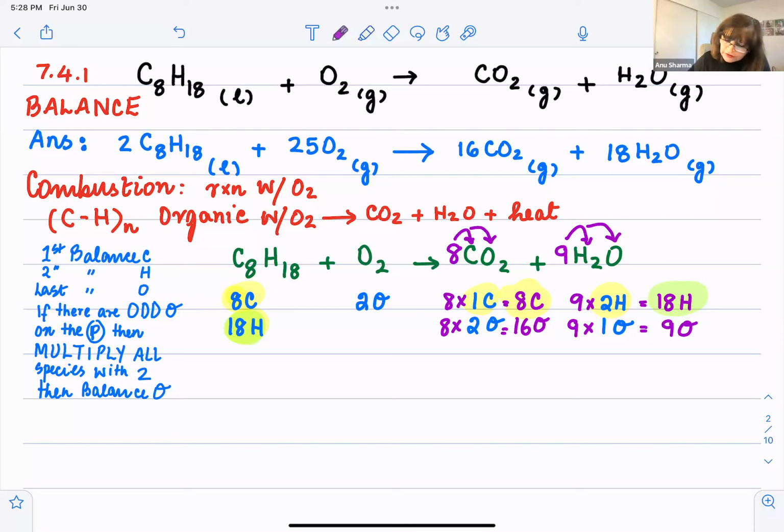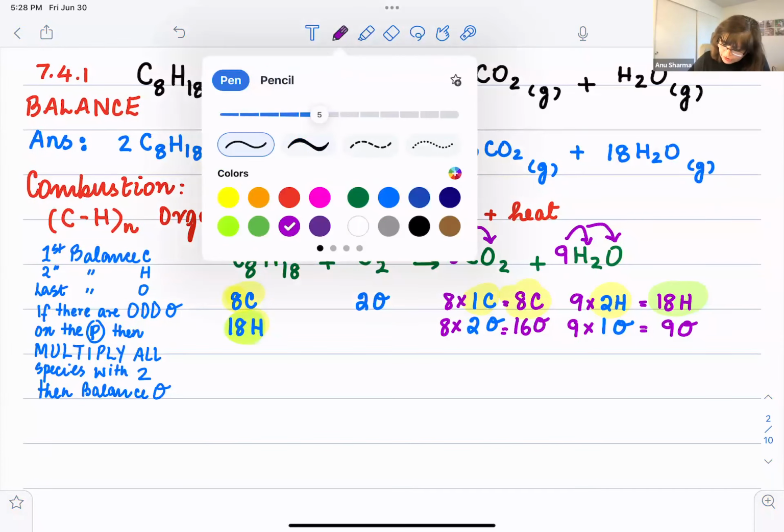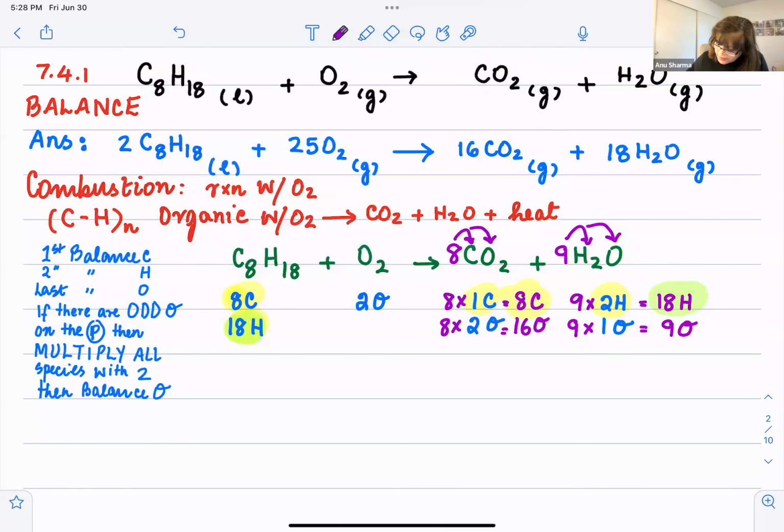But oxygens is messed up. So let's look at the total oxygens. We have 16 oxygens on one side, plus we have 9 oxygens on the other side. So how much is that? 16 plus 9 is 25. So 25 oxygens on one side.